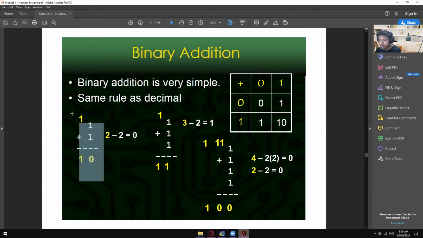Do you have an idea why 1 plus 1 is 10 in binary? Sure, no. Okay, what about the others? Anyone? Okay, Mr. Urven, Kent Max.